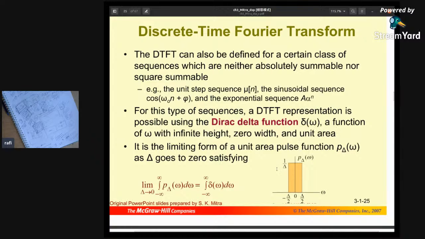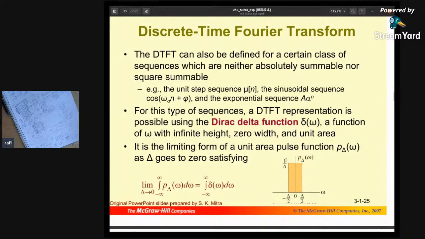We have already seen that any structure which has unit area, with the parameter depending on the width, can be used.